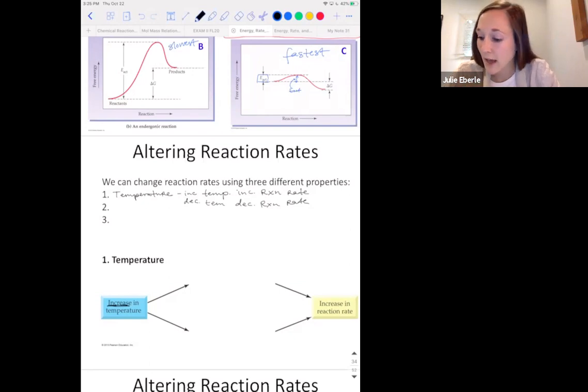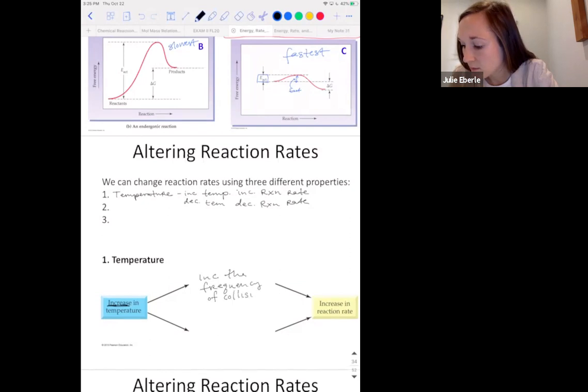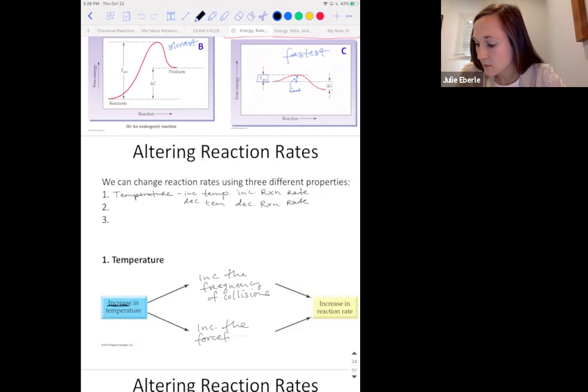Okay, so if you increase the temperature, you're going to increase the frequency of collisions between your reactants. If they're colliding more often, you're giving them the chance to react more often, and your reaction rate will increase. Also, you're increasing the forcefulness of the collision.